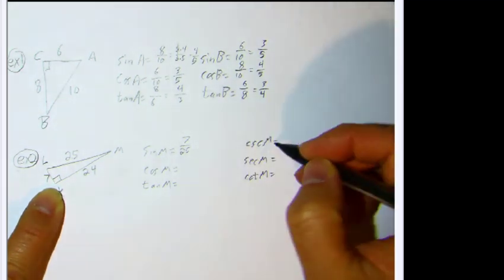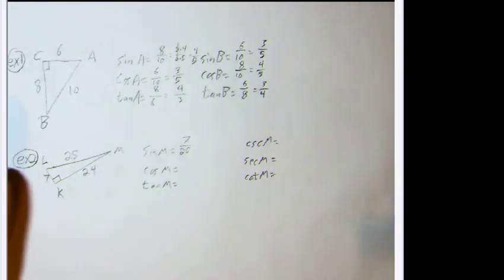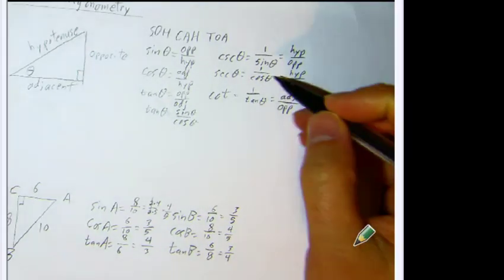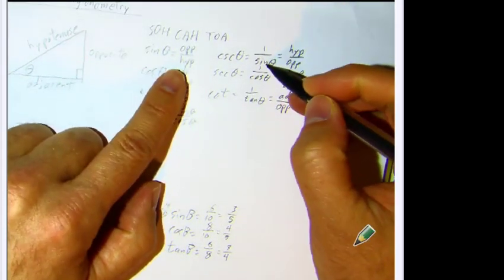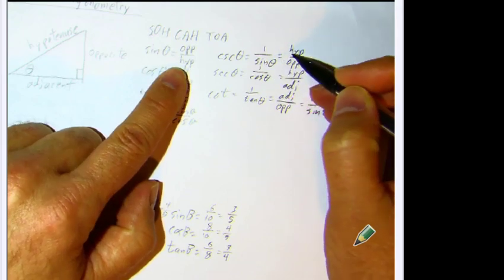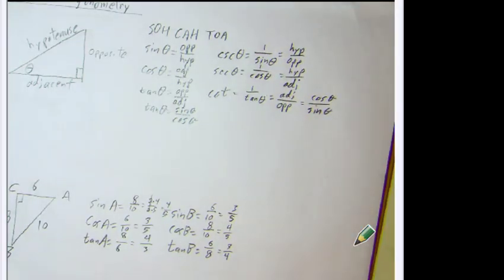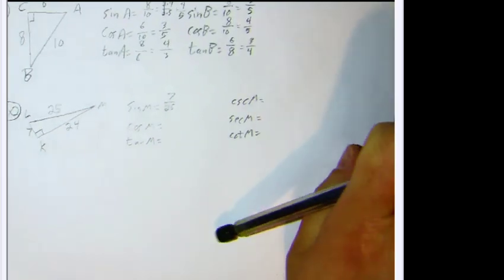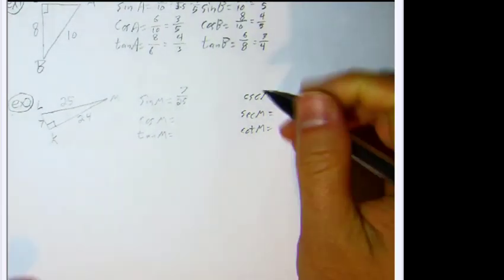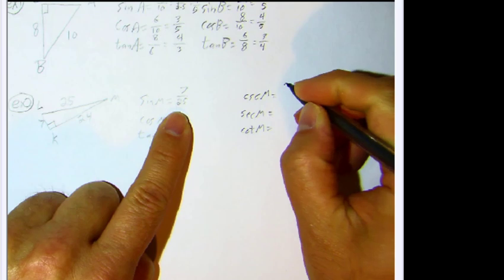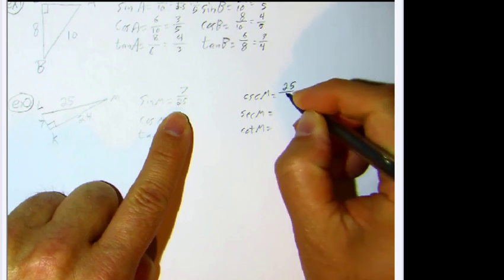Now the cosecant, if we remember back from the definition up here, is 1 over sine, or hypotenuse over opposite. So if we want to write the cosecant, it's just the reciprocal of this. We flip it.